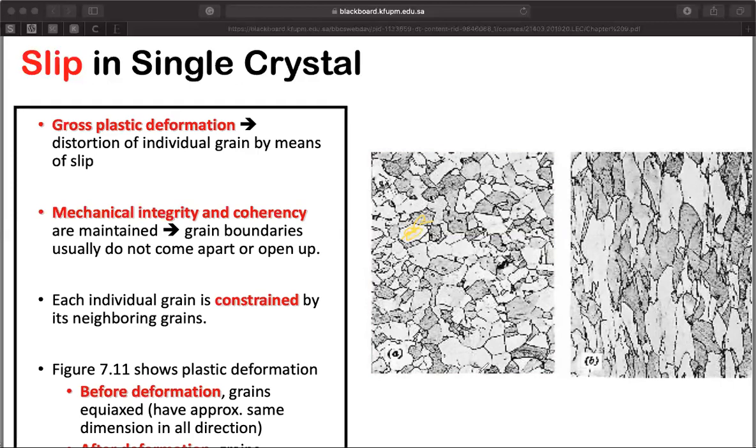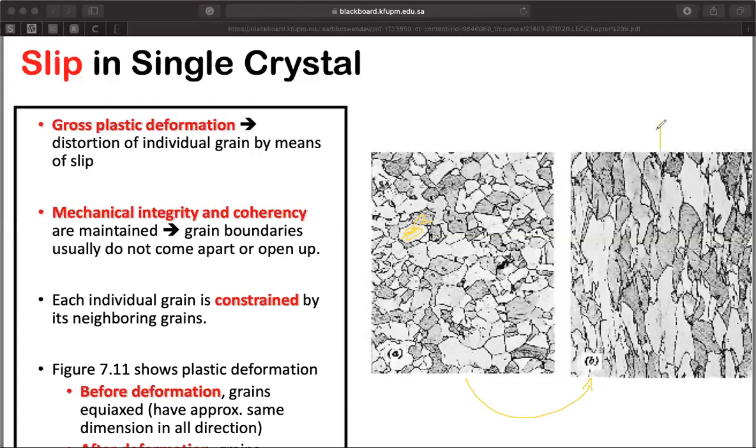This is why, if you do plastic deformation to the material, you're going to take it from this state, where we have equiaxed grains, so the grains have about the same dimension in all directions, to elongated grains after plastic deformation, as you can see here.